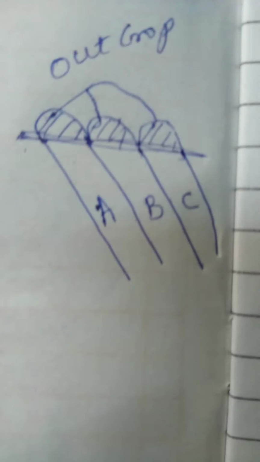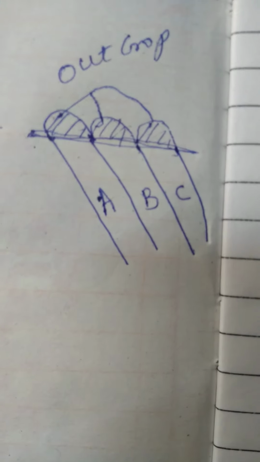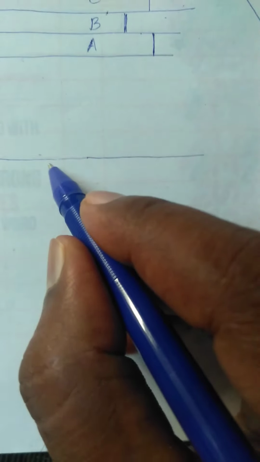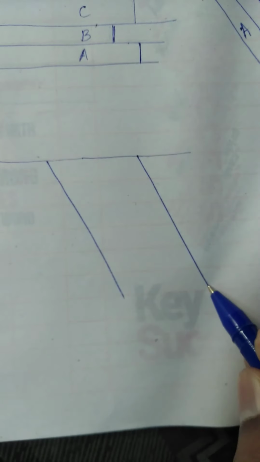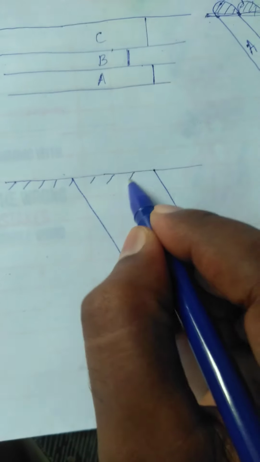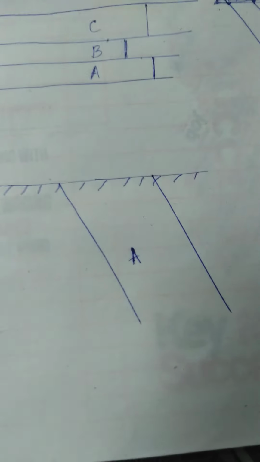Here I'll show an example. I'll show only one bed, taking only A bed. So this is the A bed, or strata, and this is the surface.